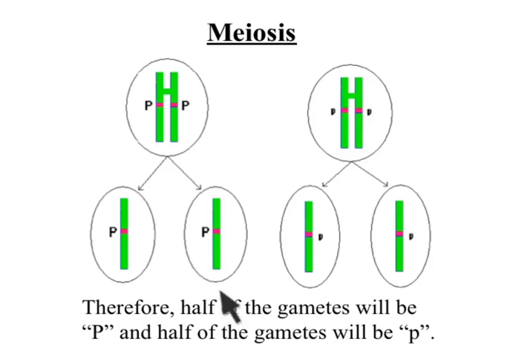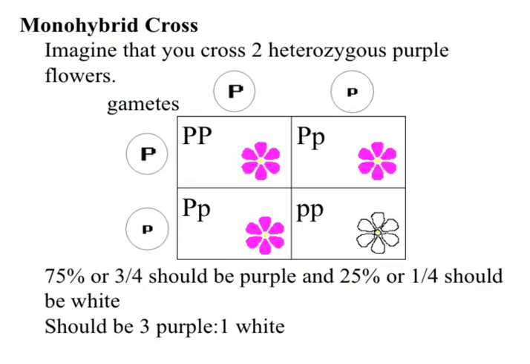And this is what we then set up on the Punnett square to show how these alleles could be passed on into the next generation. Here we see two heterozygous purple parents that would be crossed, where half of the gametes would contain the dominant allele and half the recessive allele, and this would be the same for both parents.